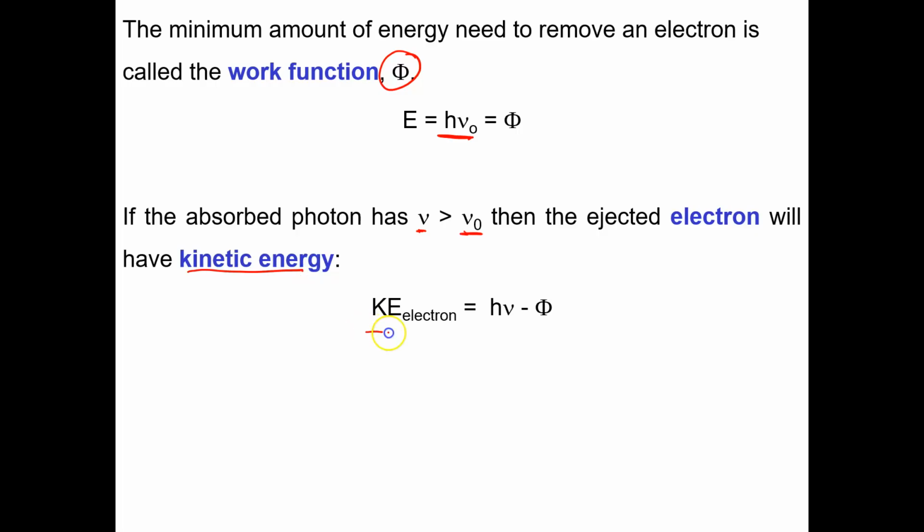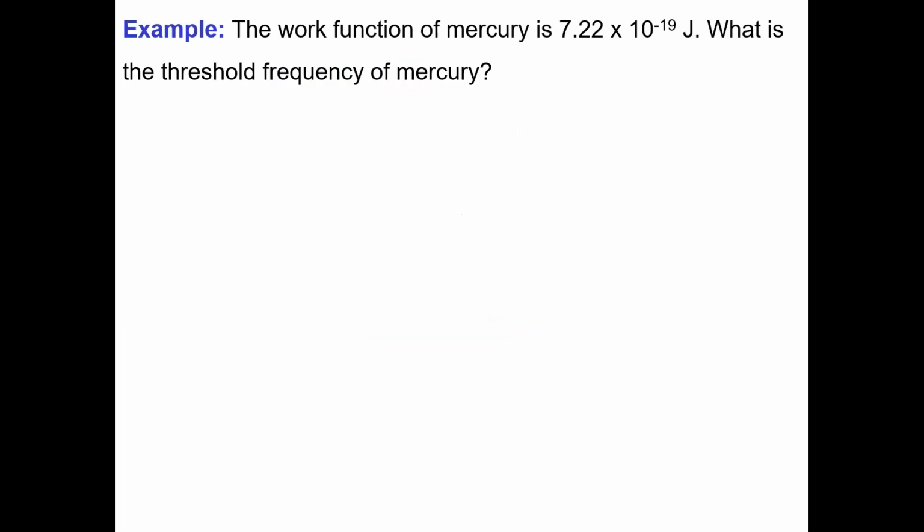And this kinetic energy is equal to the product of the frequency and Planck's constant for the incoming photon minus the work function. And yeah, so these are two really commonly used equations in general chemistry too. So let's have a look at a couple of problems applying these formulas.